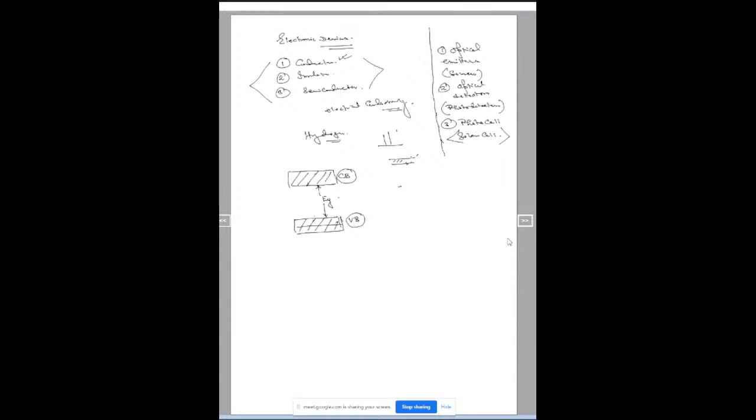If this forbidden gap, meaning there are no allowed states between these two, is greater than, say, 5 electron volt, then we say that this is an insulator. And if Eg is typically between 1 to 2 electron volt, we call it a semiconductor. And in conductors, these two virtually overlap. There's nothing like a conduction band and valence band separately.